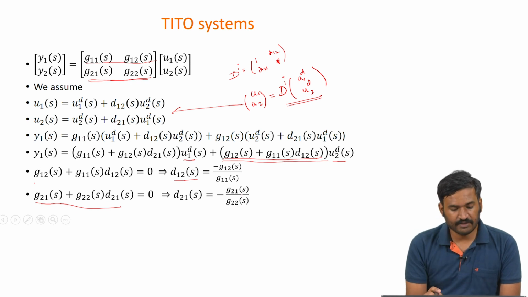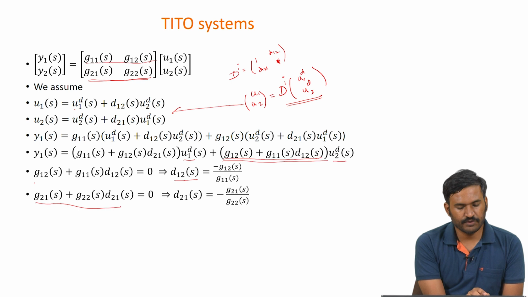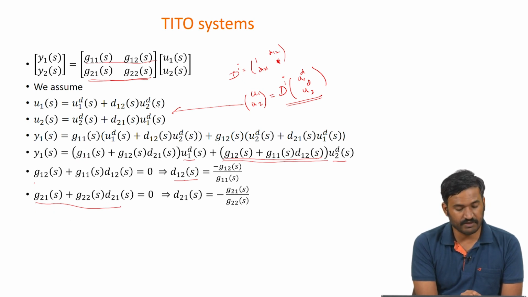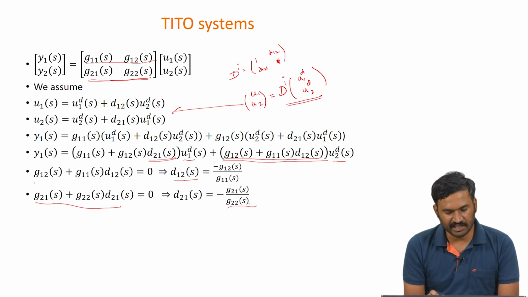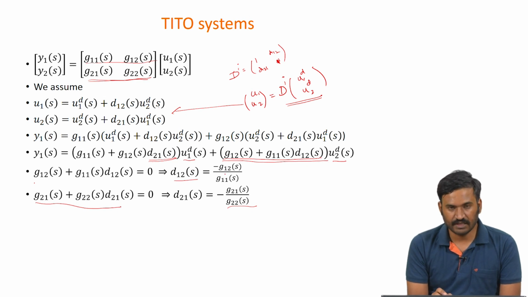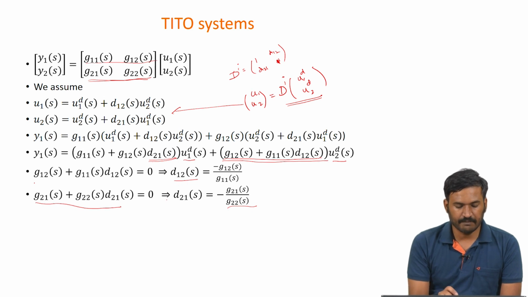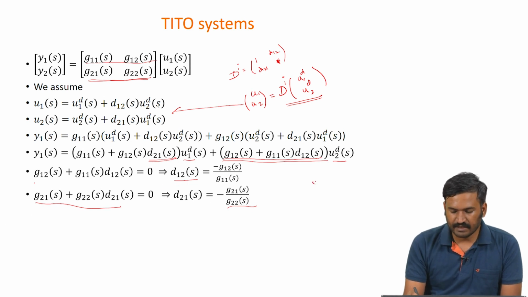The important point to note is u1 is u1d of s plus d12 into u2d of s, and y1 of s is g11 of s plus g12 of s times d21 of s into u1d. So, d21 is a function of g21 and g22, and d12 is a function of g11 and g12. Now, we can back substitute and see whether it will decouple properly.